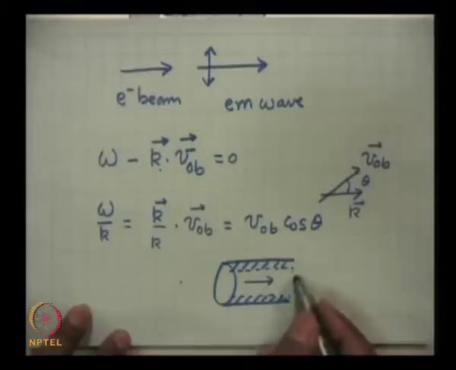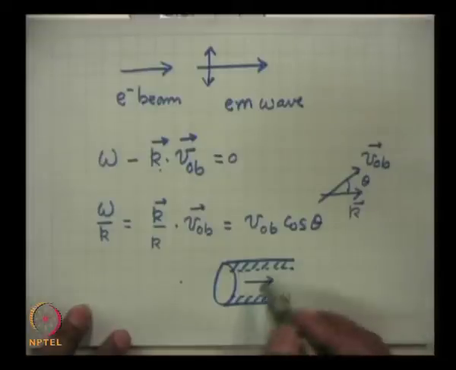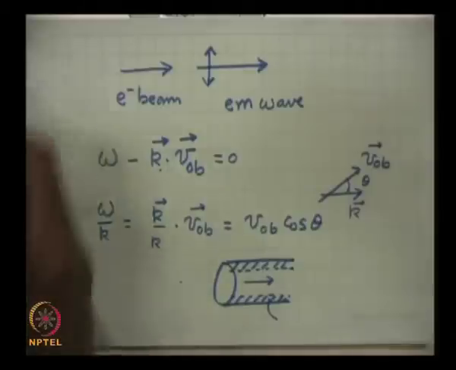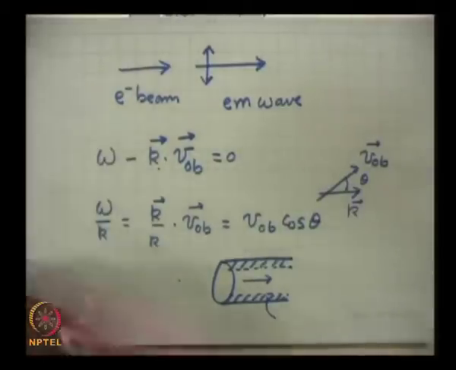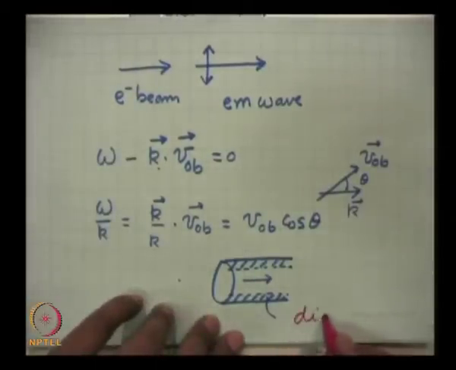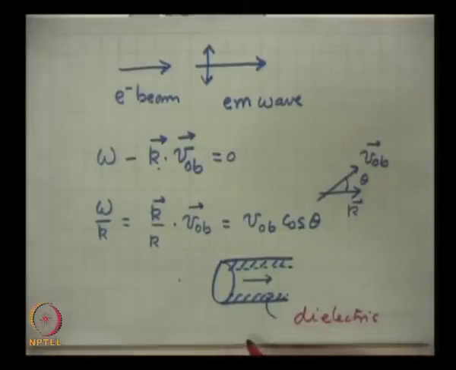This is what is really happening in a device called Cherenkov free electron laser. You slow down the wave by putting a dielectric lining near the walls, so the effective velocity of the wave in this region becomes less than c.